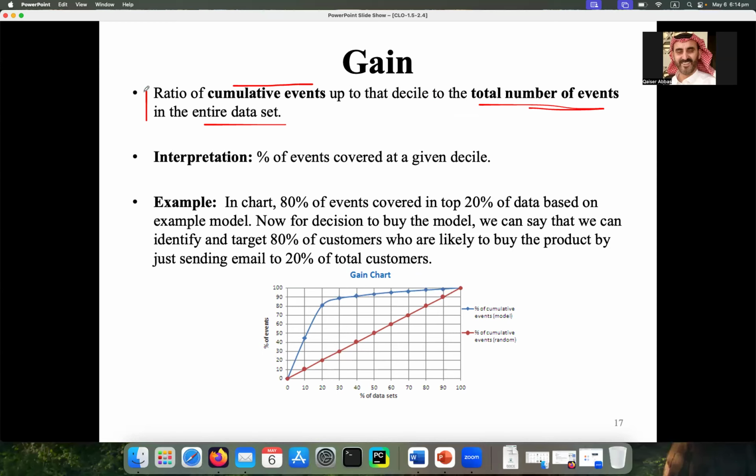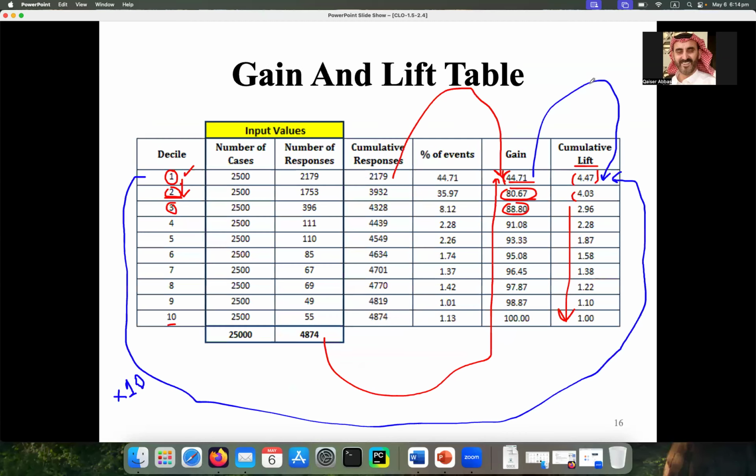Or if you are just writing the definition, you can say it is a ratio of this thing to this thing. I have highlighted those two things, and they are given in the table. You know how you calculated this gain: this is the cumulative divided by this total.